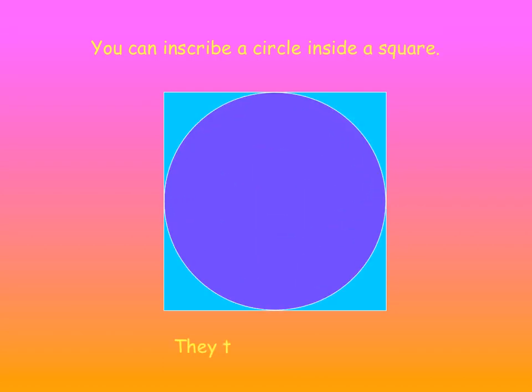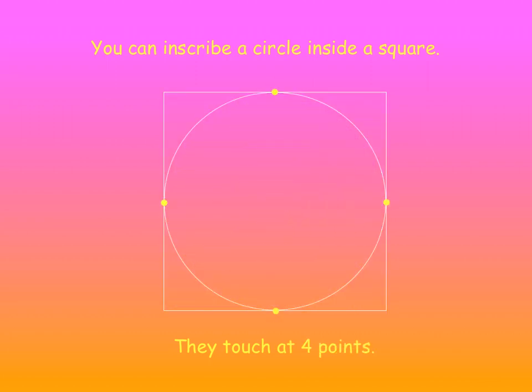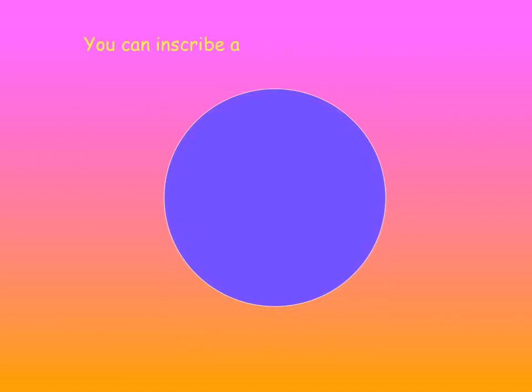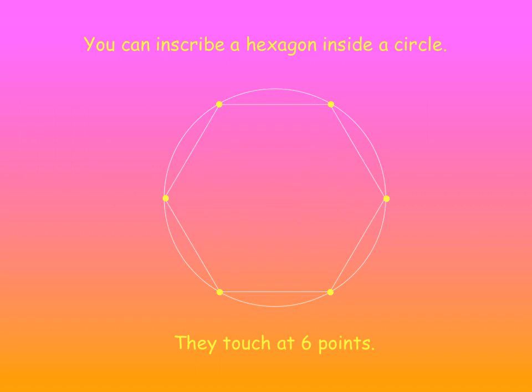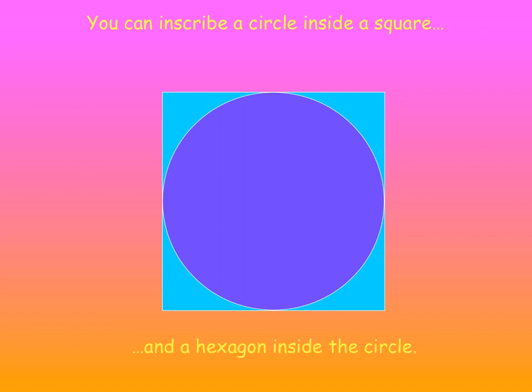They touch at 4 points. You can inscribe a hexagon inside a circle. They touch at 6 points. You can inscribe a circle inside a square and a hexagon inside the circle.